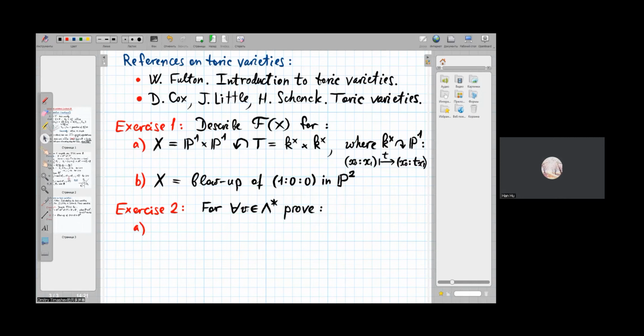Okay, so for any v in lambda star, prove that, so recall that in the previous lecture we associated a one parameter subgroup to any lattice vector in the dual lattice.